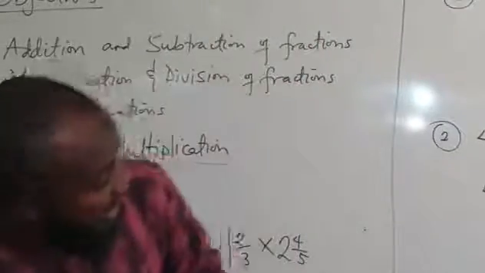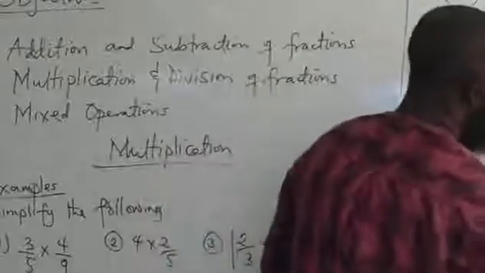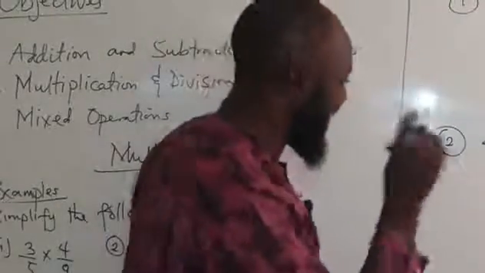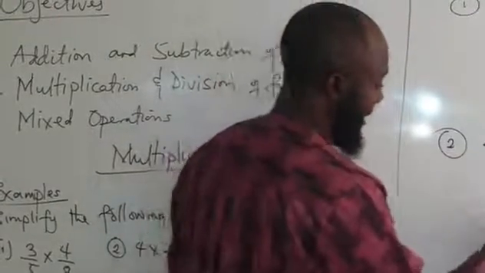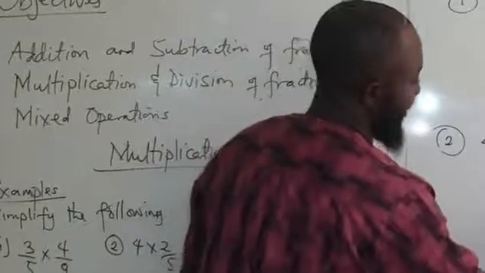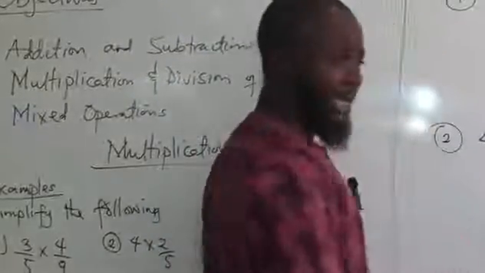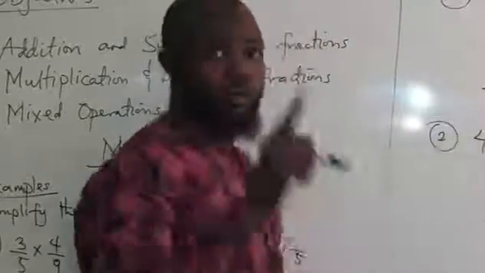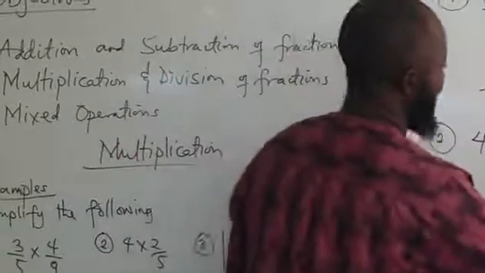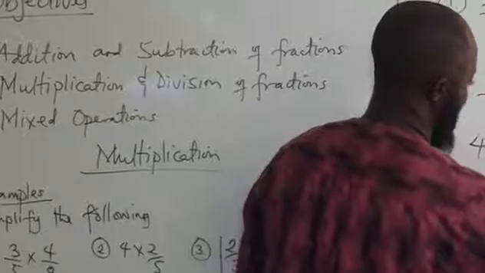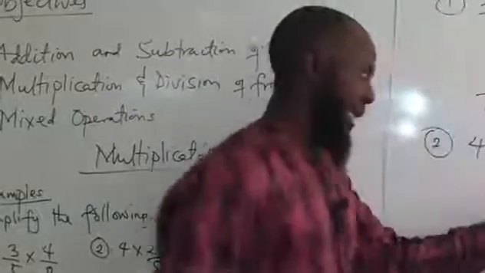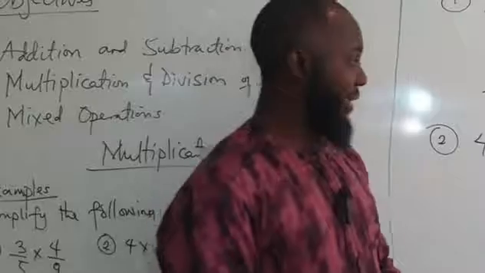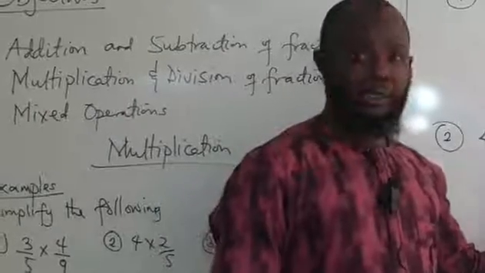What you're supposed to do here is, because any whole number you write, if you have 1,000, it's the same thing as 1,000 over what? Over 1. Is that clear? So that means this 4 is divided by what? 1. Multiplied by 2 all over what? 5. You notice that there is no number that can divide numerator and denominator.